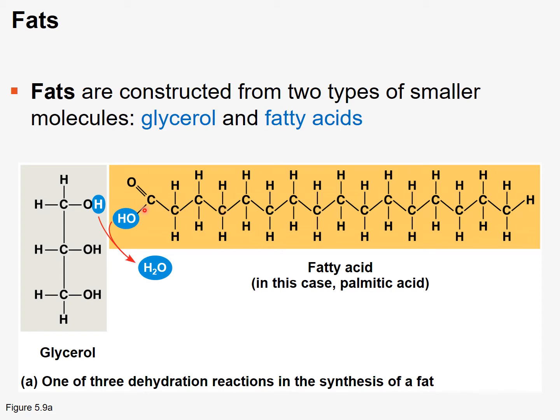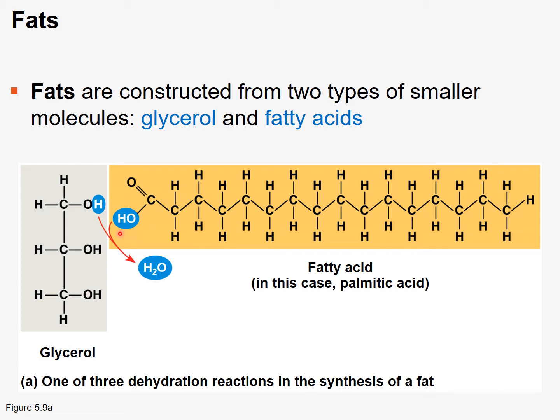But because they have that carboxylic acid region, which has a hydroxyl group, it can react with the hydroxyl group on glycerol by removing water, again, dehydration synthesis, and creating what's called an ester bond, E-S-T-E-R.